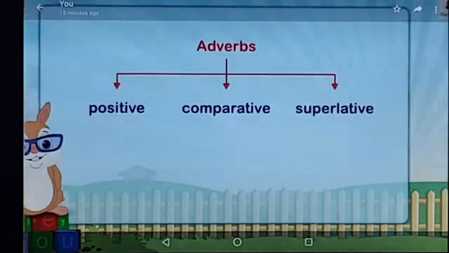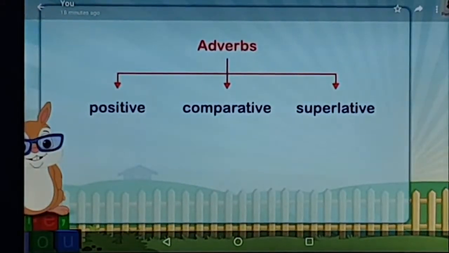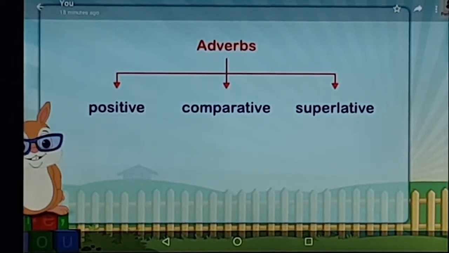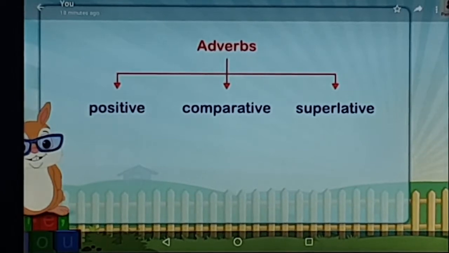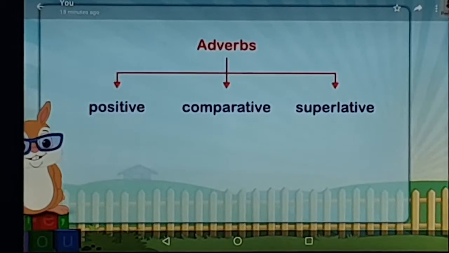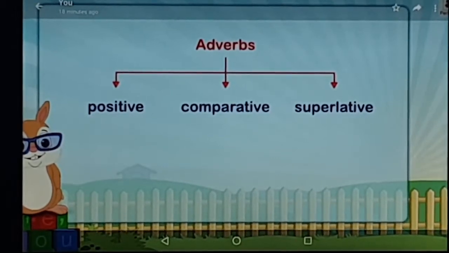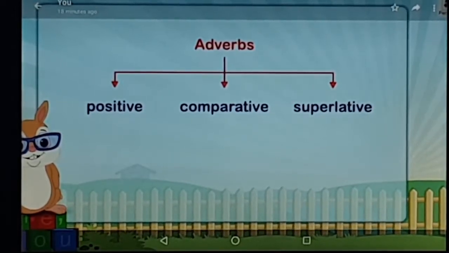So like adjectives, adverbs also have three degrees of comparison, which are positive degree, comparative degree, and superlative degree. Positive degree is the first degree of comparison, where we talk about the action of one person.